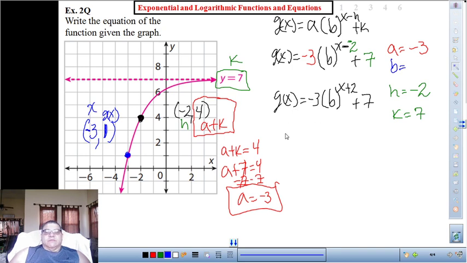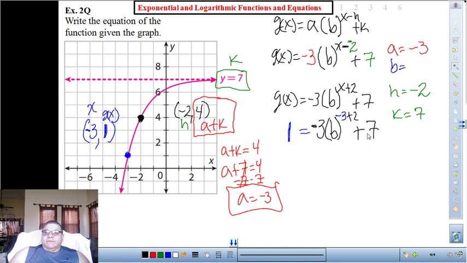So g of x is 1, and I have negative 3 b, and x is negative 3 plus 2 as an exponent, and our constant is plus 7.